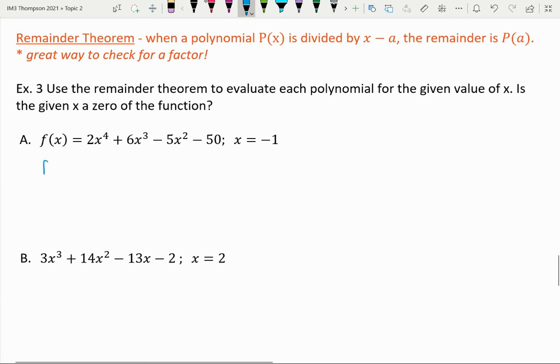So I'm going to evaluate f at negative 1. And I'm going to replace every x with negative 1.